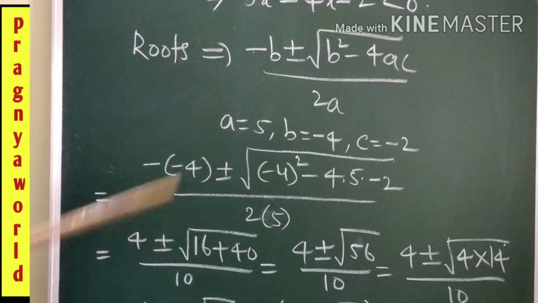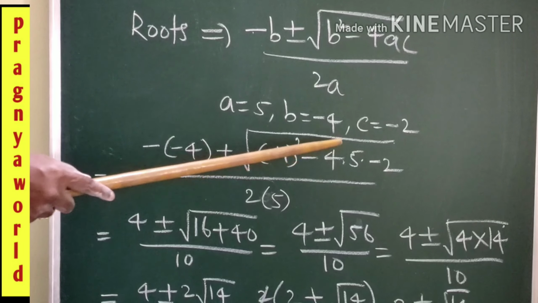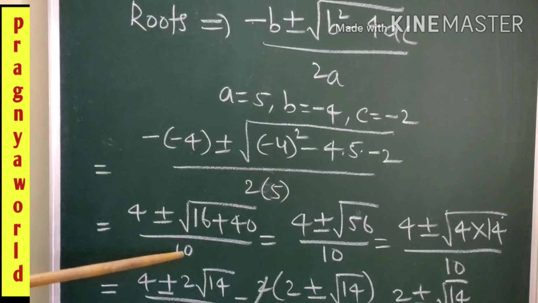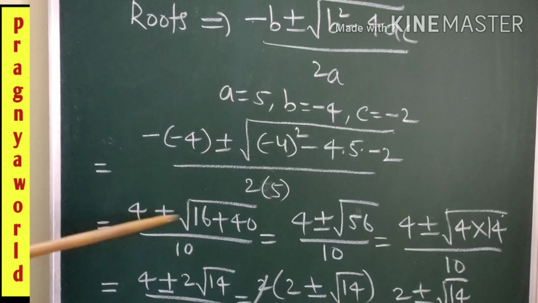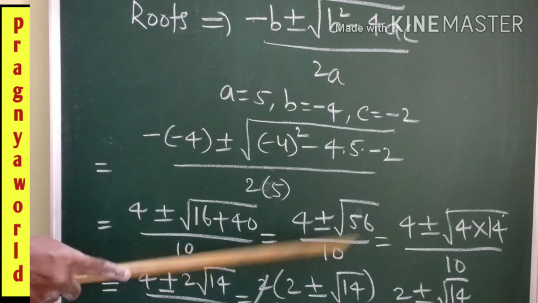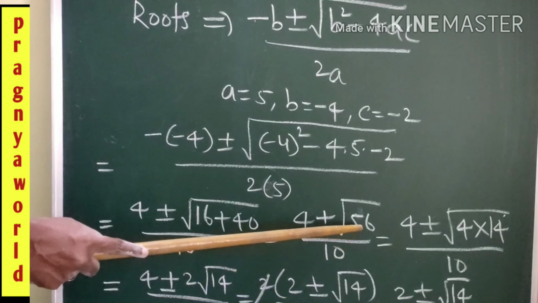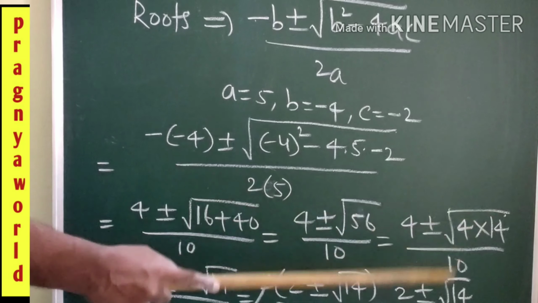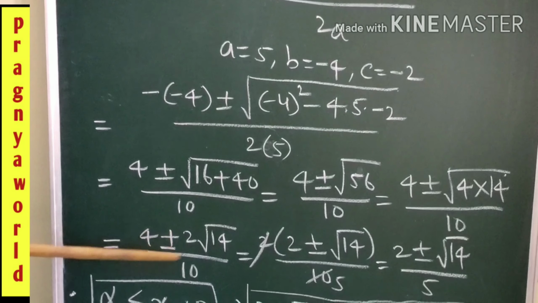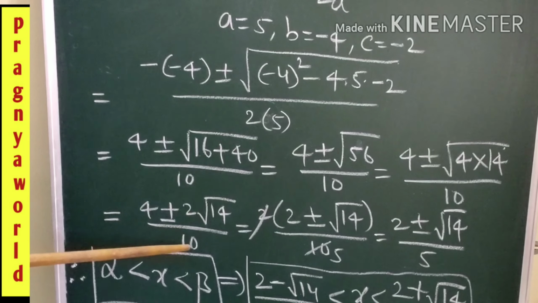That is equal to 4 plus or minus under root: minus 4 square means 16, minus 4 into 5 into minus 2 is plus 40, by 2 fives are 10. That is equal to 4 plus or minus under root 16 plus 40, 56, by 10, and this can be written as 4 plus or minus under root 4 into 14 by 10, that is equal to 4 plus or minus 2 root 14 by 10.